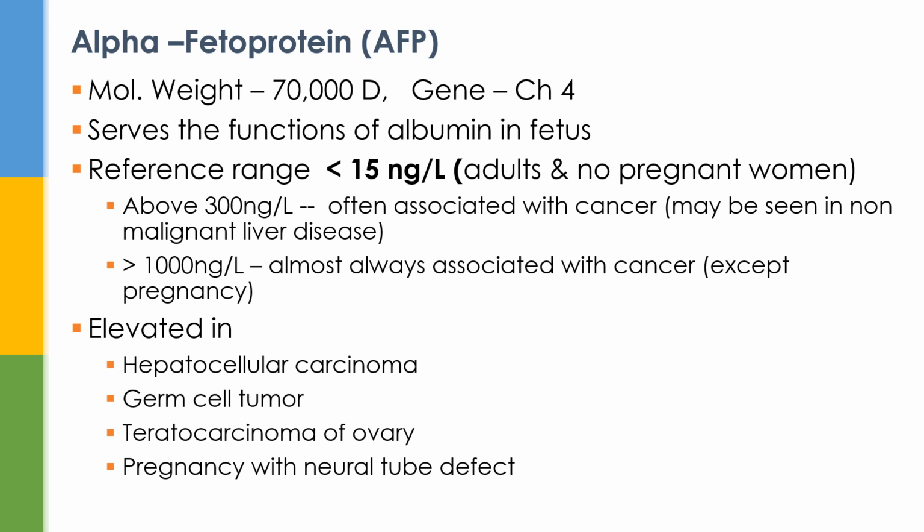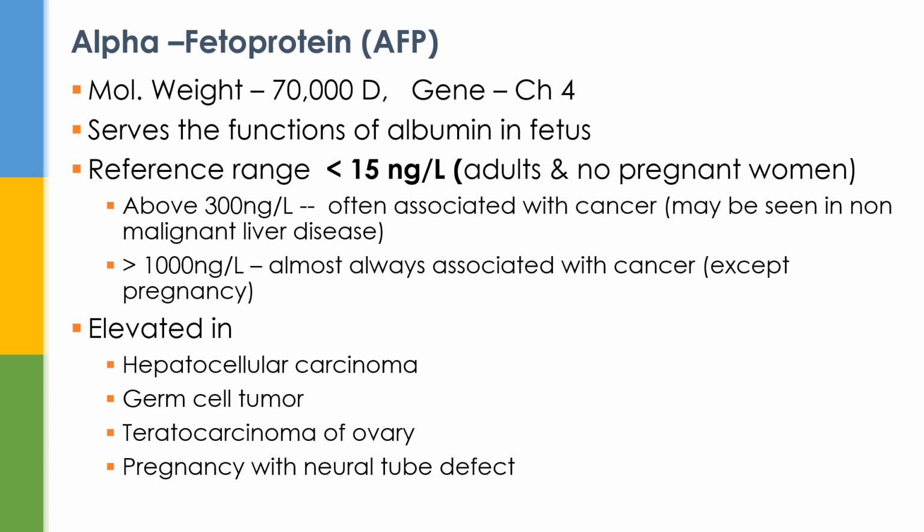But we should also keep in mind, it may be seen in non-malignant liver diseases. That is, in non-malignant liver diseases, the values can also be elevated. But if the values are more than 1000 nanogram per liter, it is almost always associated with cancer, except in pregnancy.